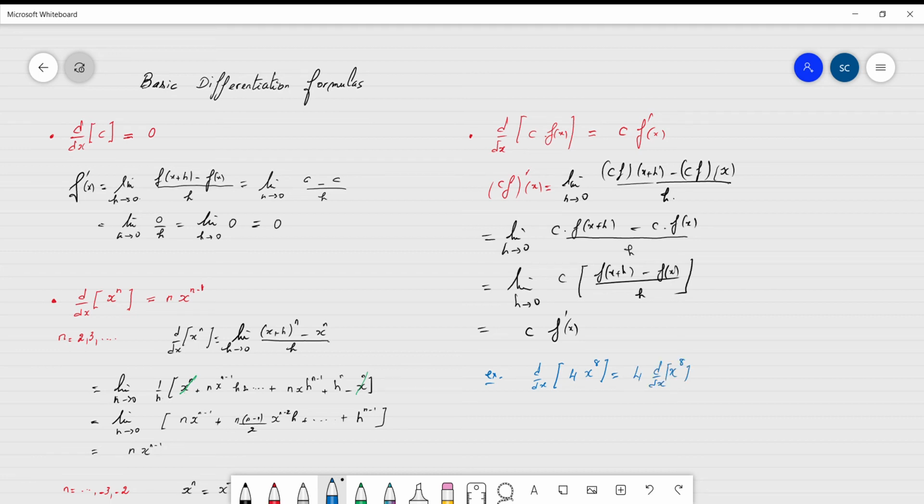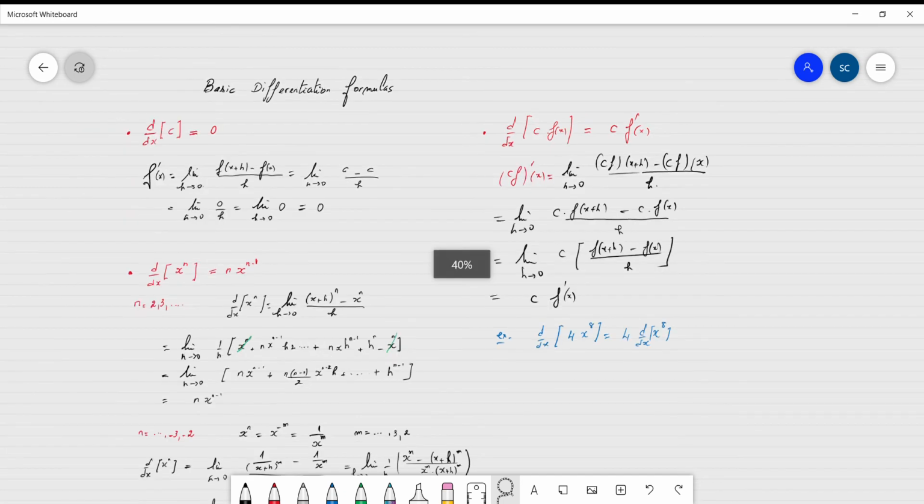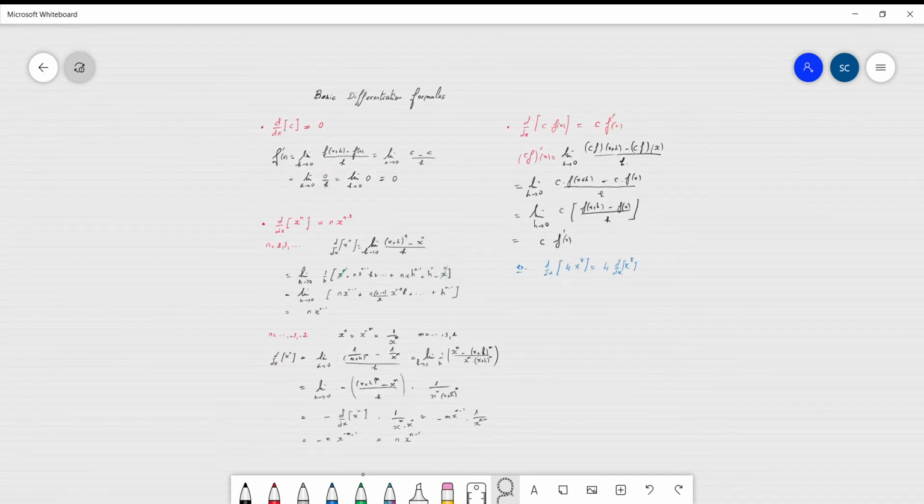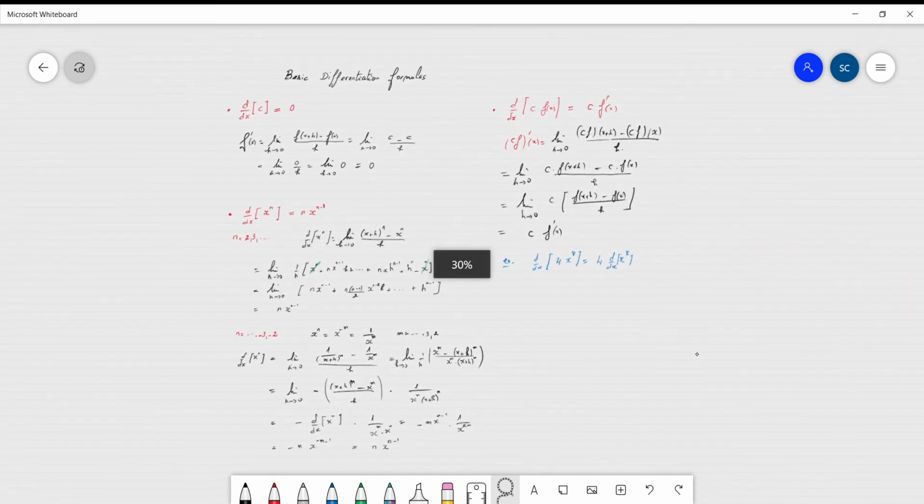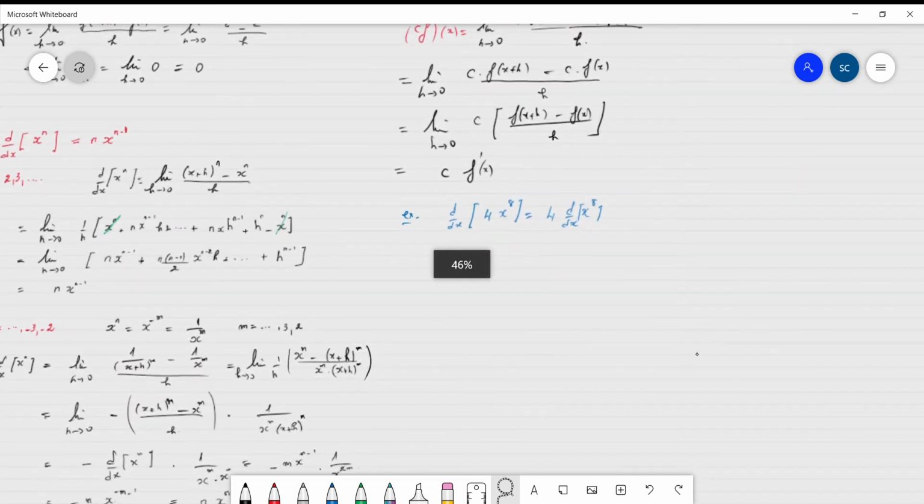But x^8 is a power function, and we know the formula, so we will use this formula. So it will be 4 times 8x^(8−1), which is 32x^7.